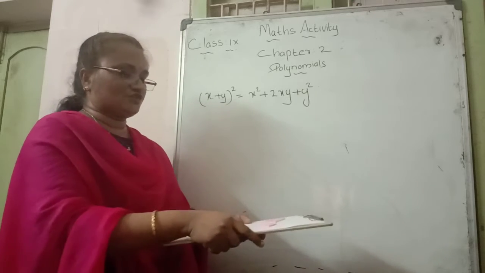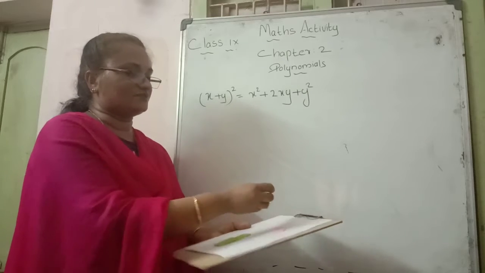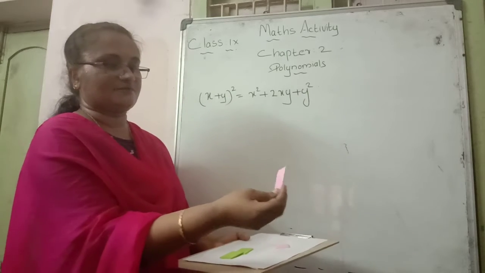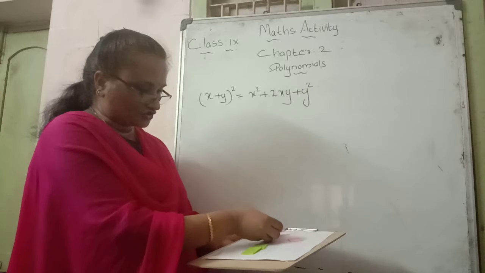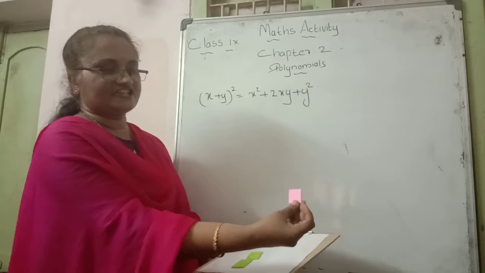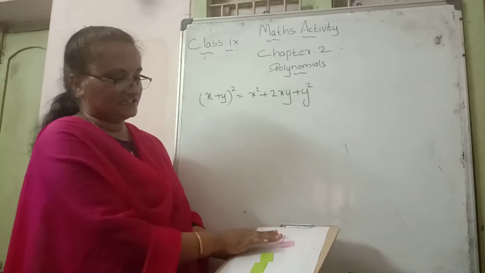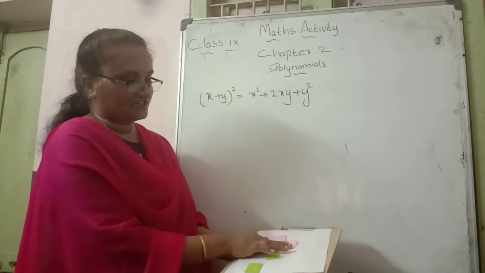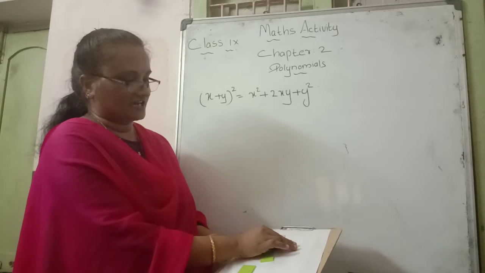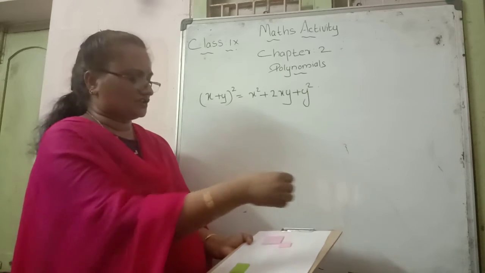Then first we assemble these four shapes. In which order? First keep the big square, then afterwards keep the small square diagonally. Then here and here there are gaps, because they do not coincide in this way.